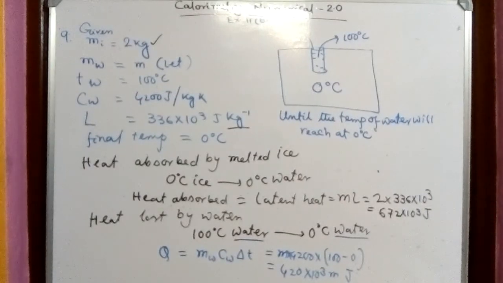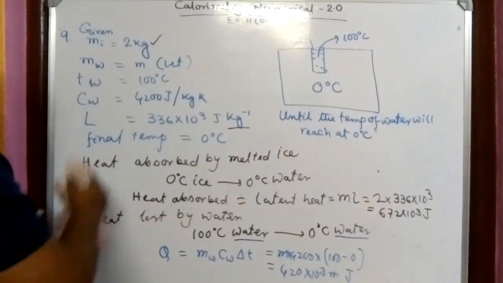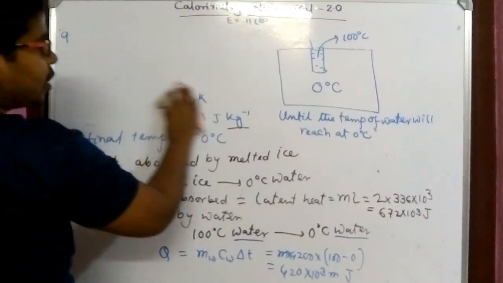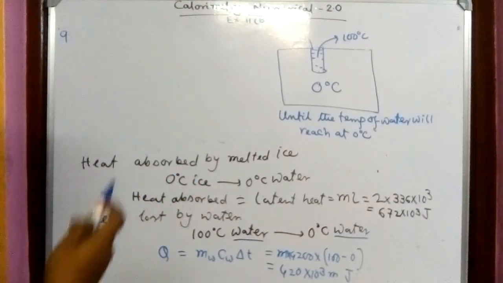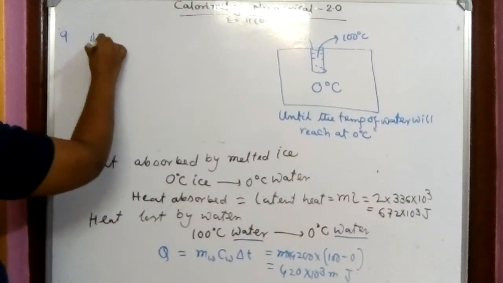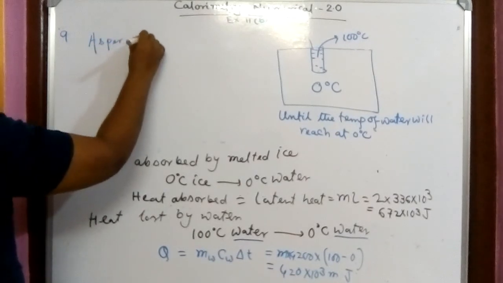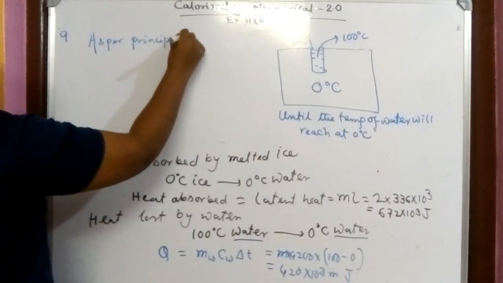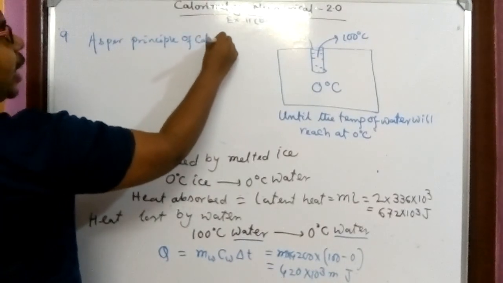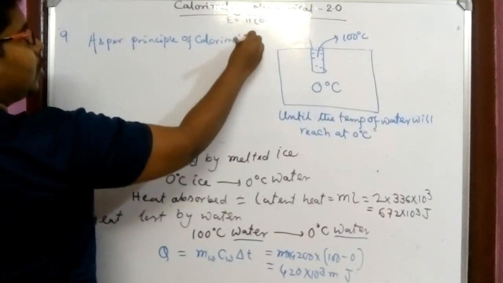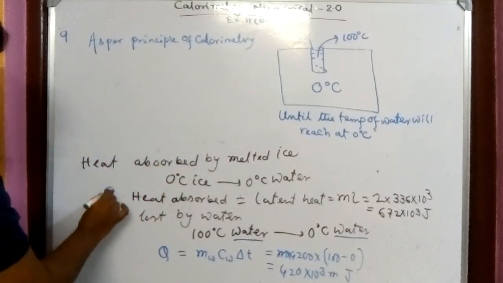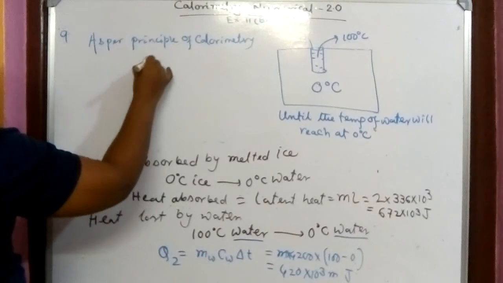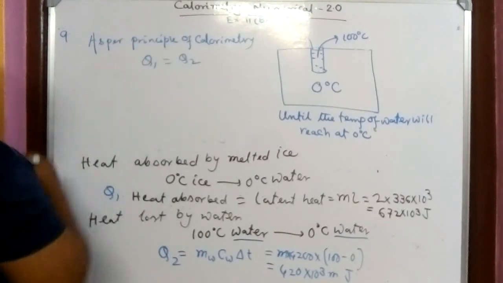Now, as per the principle of calorimetry, if this process is stopped, then the heat energy will be equal. So as per the principle of calorimetry, the heat absorbed by melted ice is Q1 and the heat lost by water is Q2, so Q1 equals Q2.